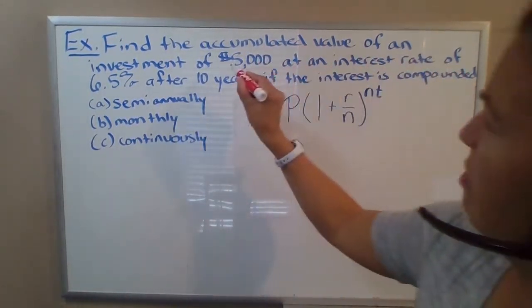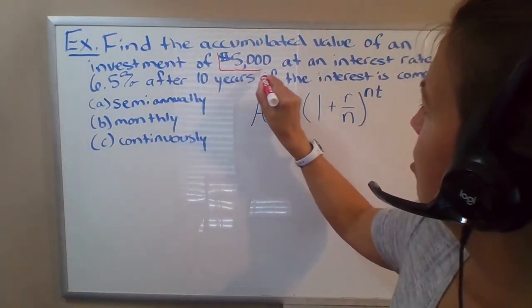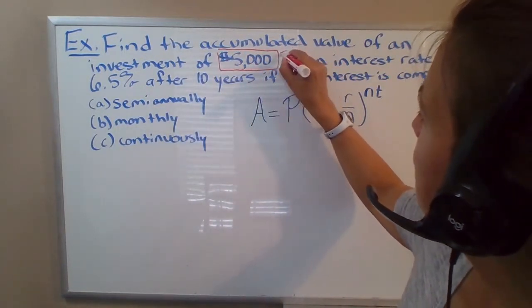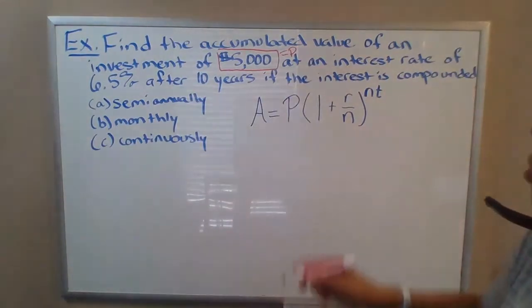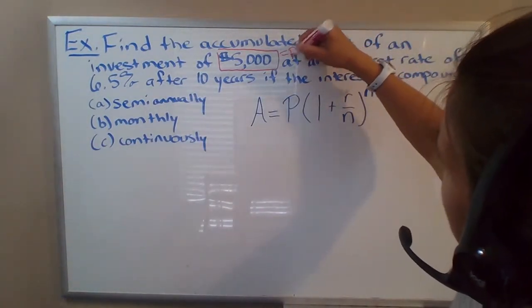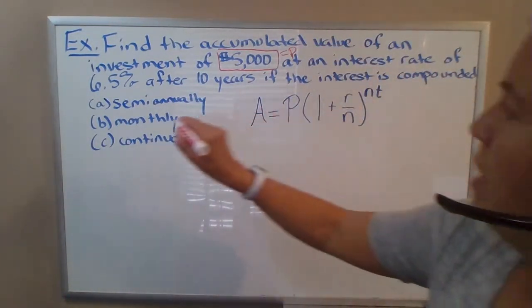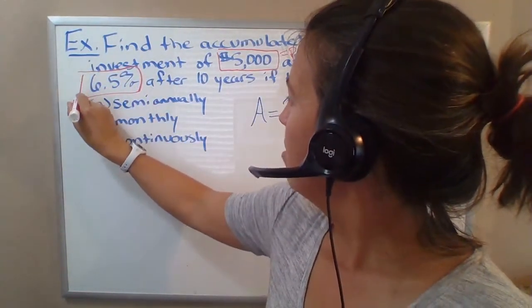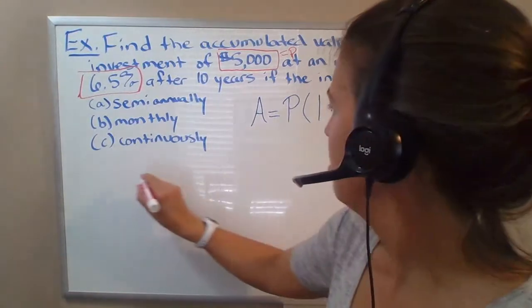Accumulated value of an investment of $5,000. So this is the original investment. That's the principal, P. So our value of P is $5,000, at an interest rate of 6.5%. So I'm going to write some information down here.